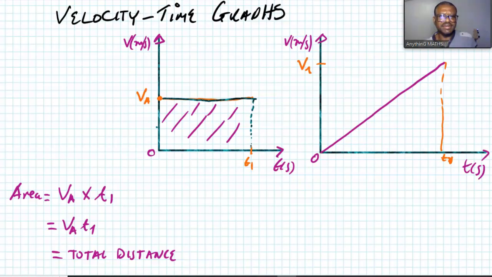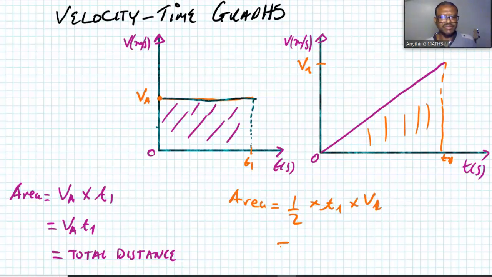So the area under the graph is half base, because it's a triangle, times T1 times height, which is V1. So eventually it becomes half V1 T1, which also gives you the total distance.